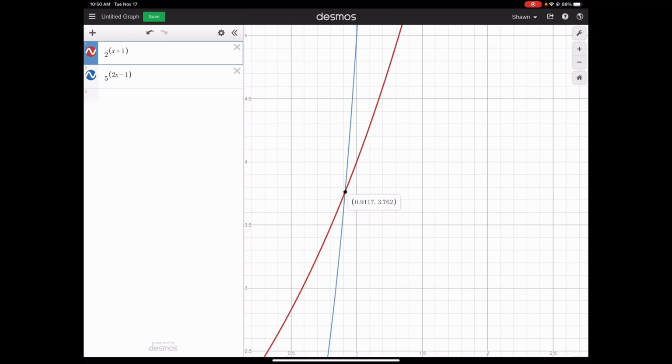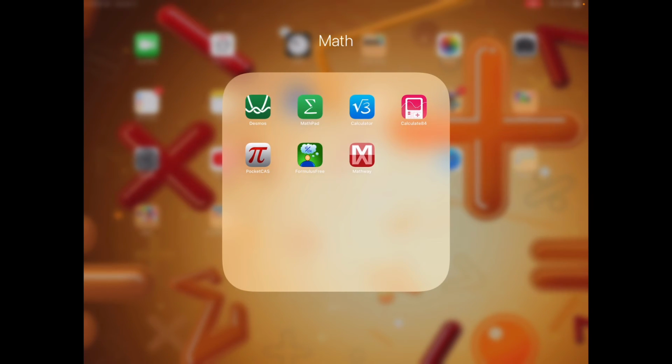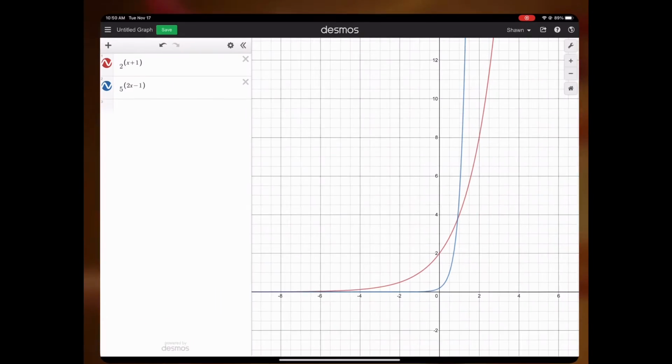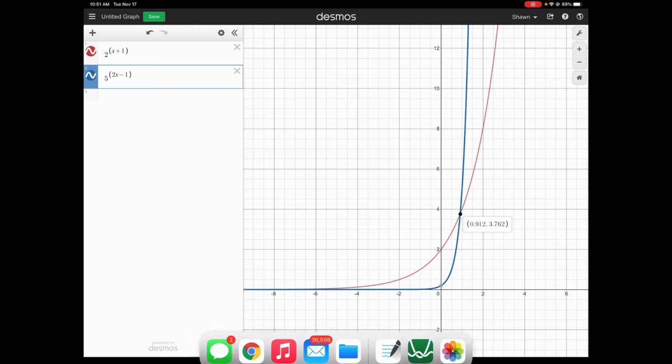That is checking it on a graph. All I've done is I've graphed each side of the equation. So in here, I graphed this side as y equals and graphed that side as y equals. And if those are going to be equal, well, then the two y's would have to be equal. And on the graph, they are equal right there. And that happens when x is 0.912.